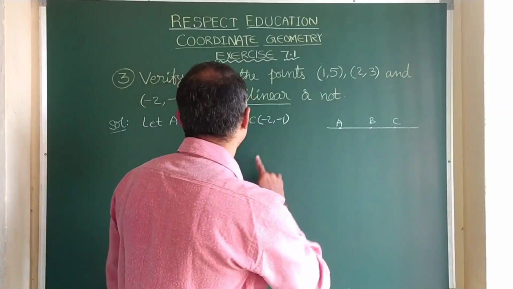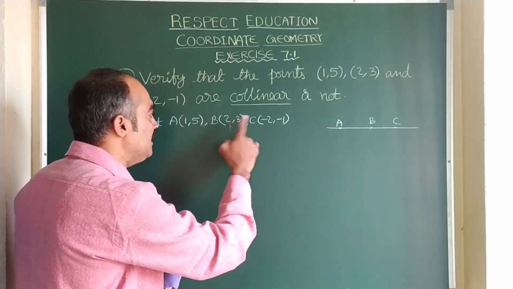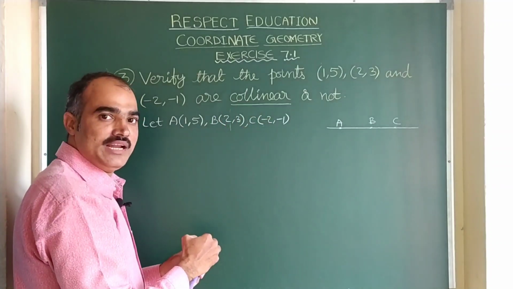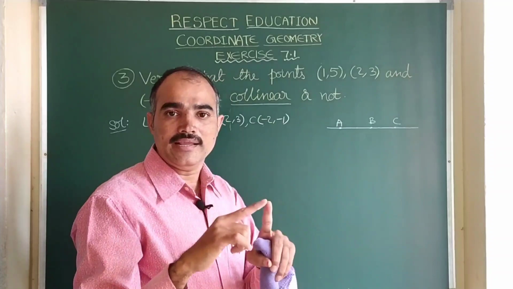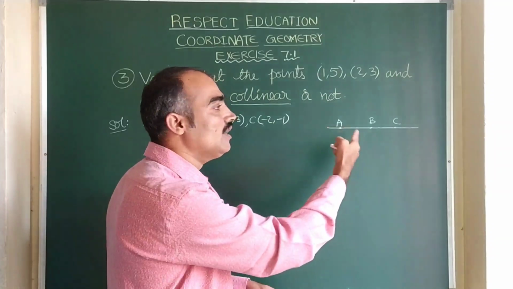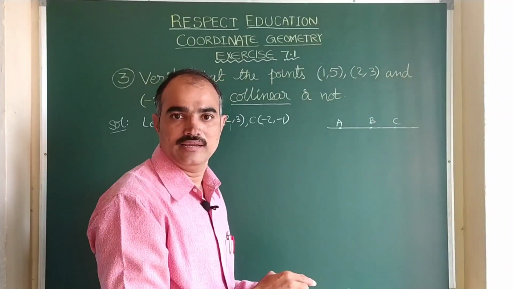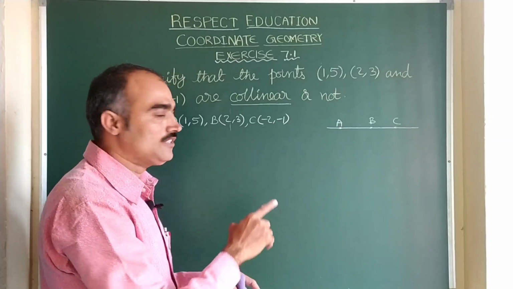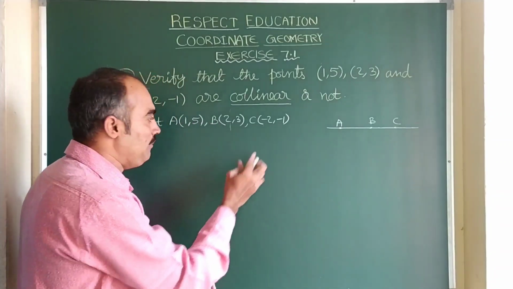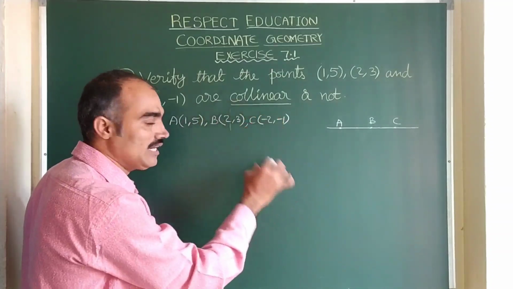Simple. We need to find the distances AB, BC and CA, right? After finding the distances, on adding any 2 distances, if you get the third value, then we can say that those points are collinear. I am repeating: first I will find AB, we get 1 value; BC also we get 1 value; AC also we get 1 value.